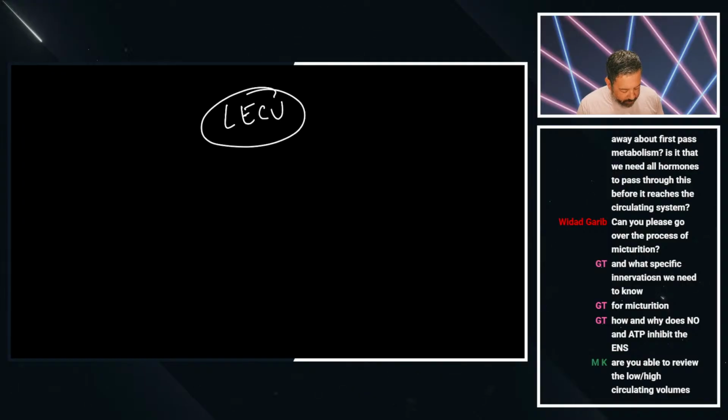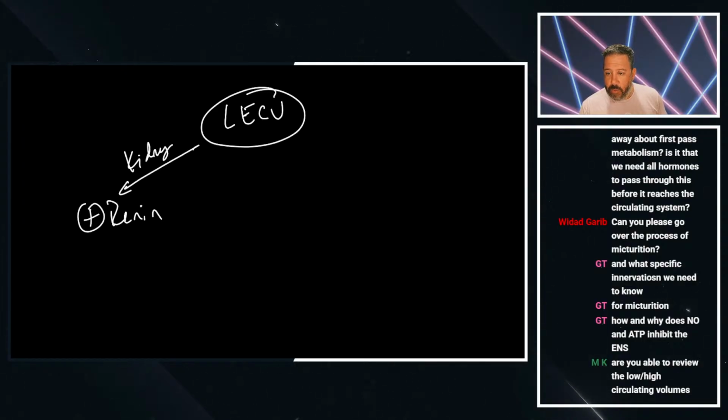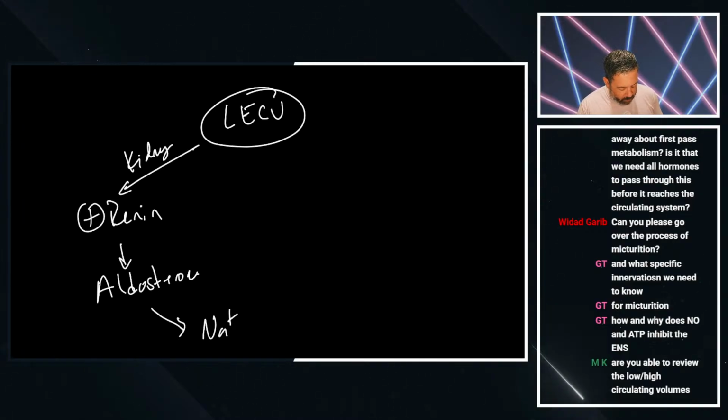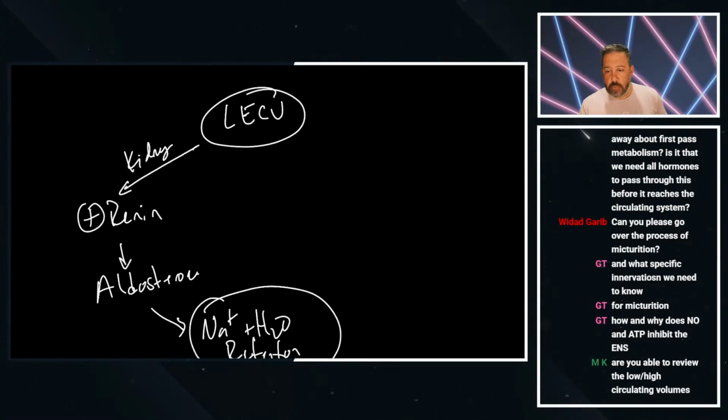What's going to happen to it? First thing, we have the kidneys. Juxtaglomerular apparatus is going to sense it. And we're going to get renin out, which eventually is going to lead to aldosterone release. And that leads to sodium and water retention. When you do that, the circulating volume goes up.